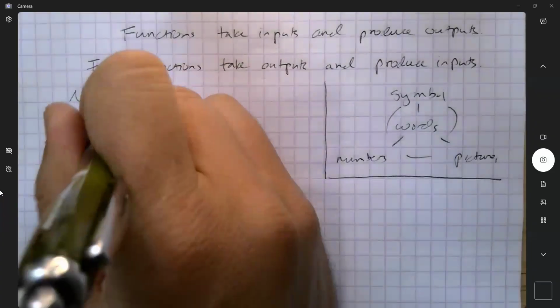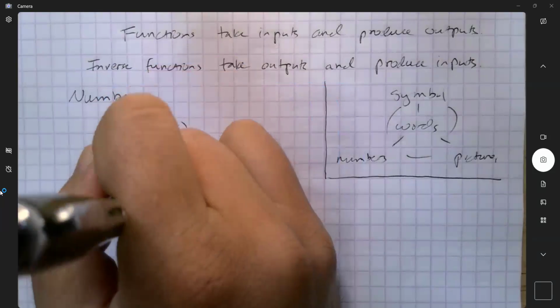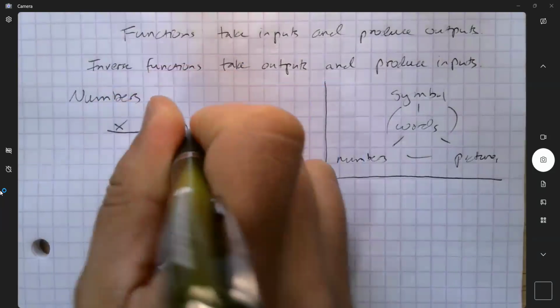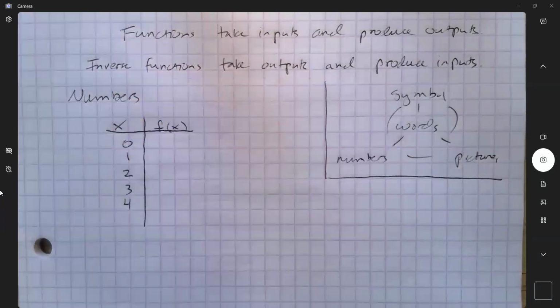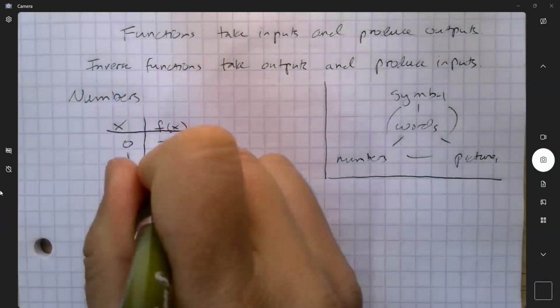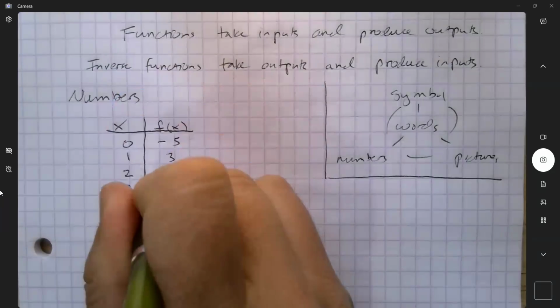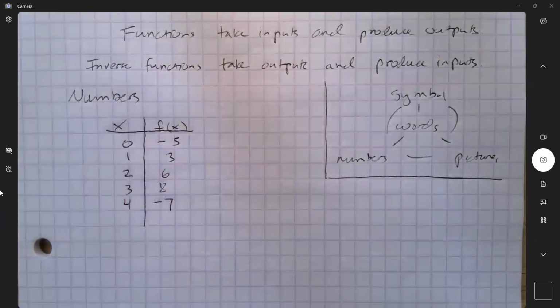Let's take a function that takes x and sends it through the function f. There's my inputs 0, 1, 2, 3, and 4. And my outputs are going to be -5, 3, 6, 8, and -7.